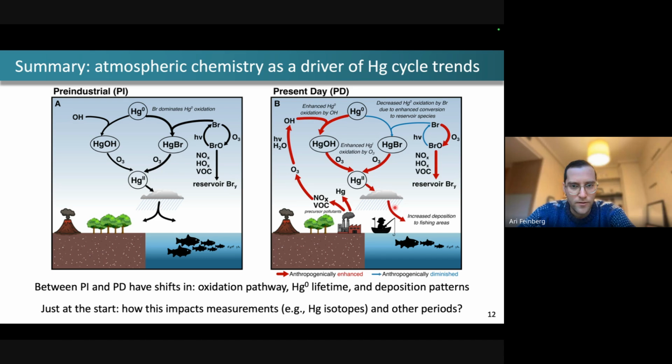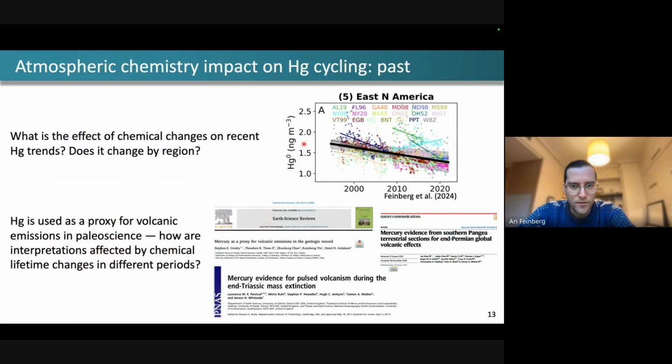But I think I'm excited about this because it's just the start of starting to think about how chemistry in different periods might have affected measurements that we've made of mercury. So, for example, thinking about recent trends in atmospheric mercury, this is an example showing measured trends in Eastern North America, and these have been decreasing over the past few decades.